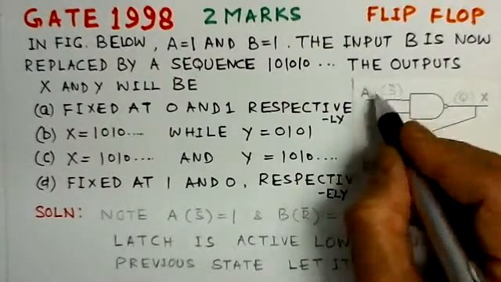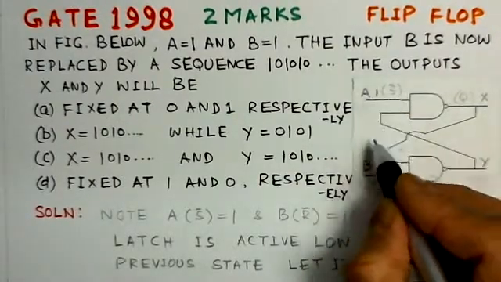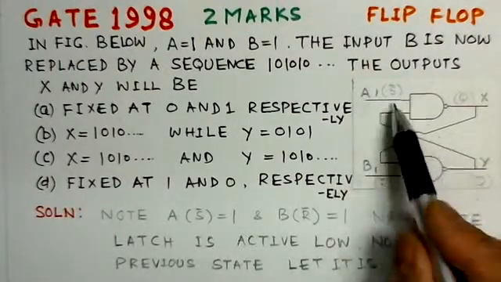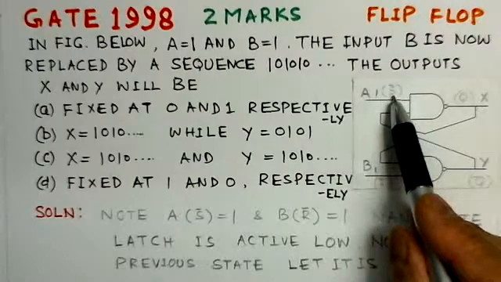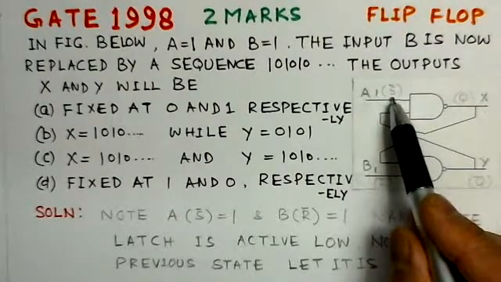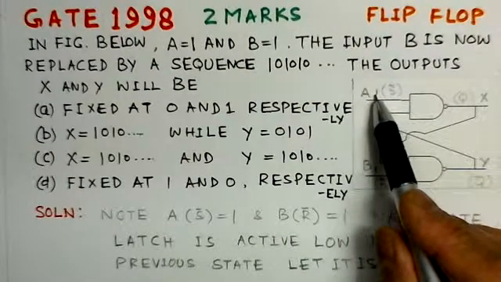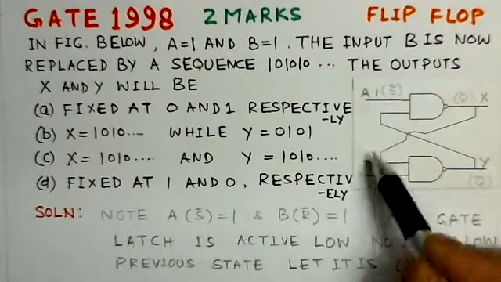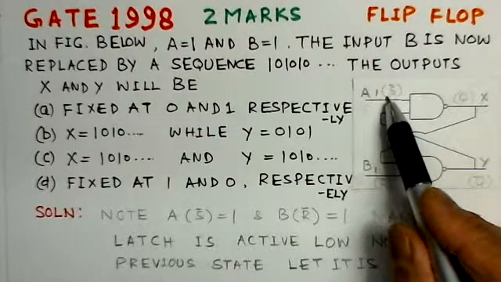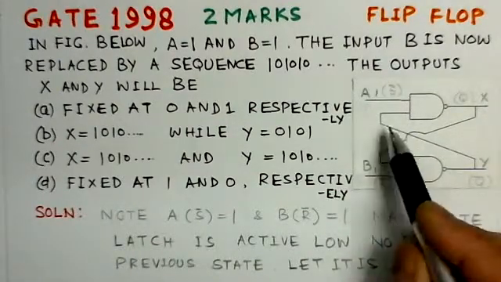When A is 1, this is 1, B is 1. See here, this is an active low flip-flop, so neither S bar nor R bar, no input is low.